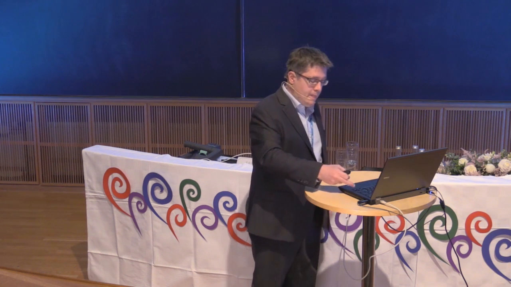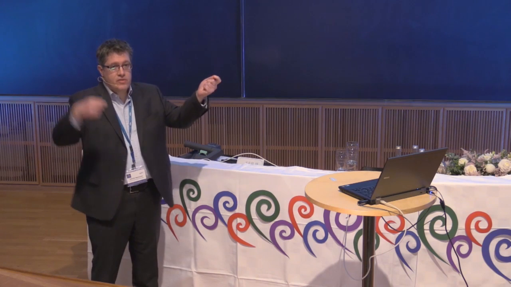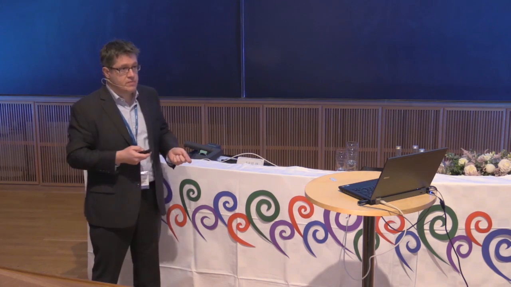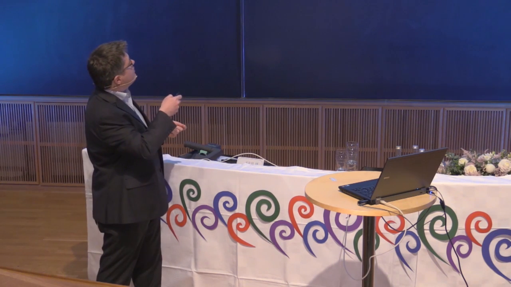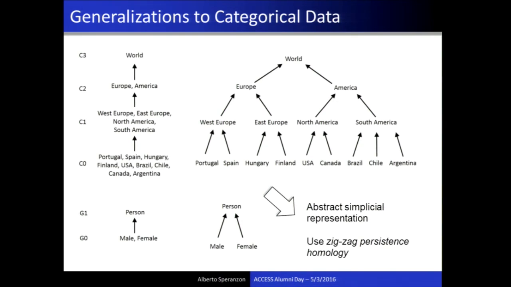Of course, now you don't have an epsilon anymore, but you can still look at this simplicial complex as just relations. I have Portugal and Spain, and I put an edge if I abstract or generalize them as West Europe. And Portugal, Spain, Hungary, and Finland will all be in a 3-simplex if I call them Europe, and so on and so forth.